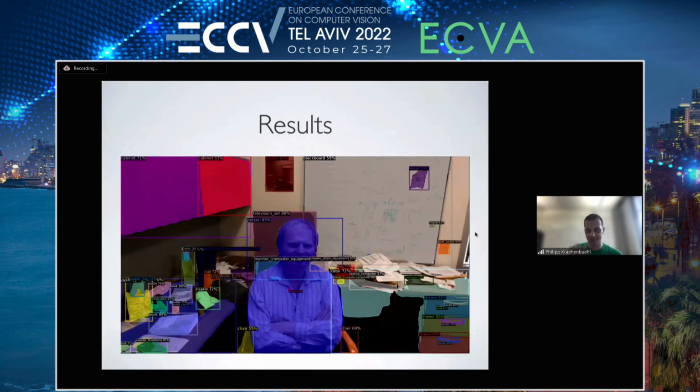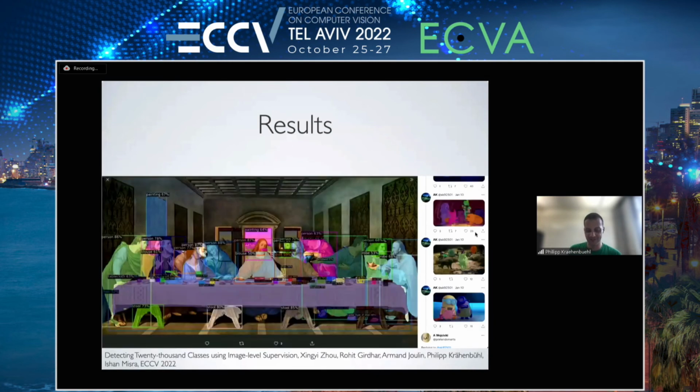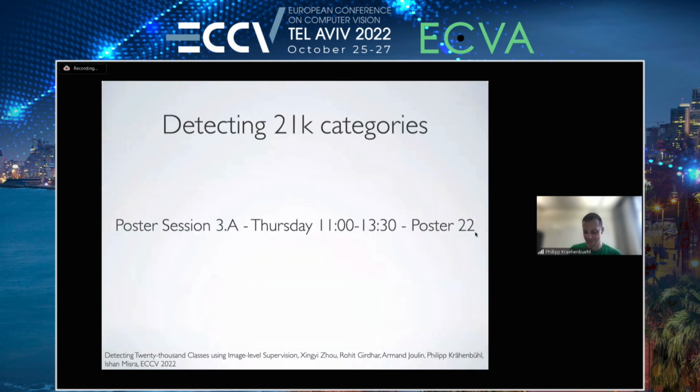Now you have a detector that can detect almost everything in a scene. It also works quite well, we made this public, people on the internet started using this, and it works quite well on random pictures that people have taken. Again, it's on Thursday, poster 22.